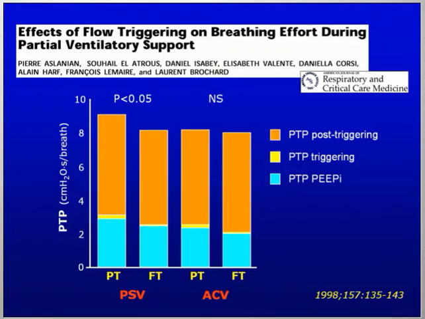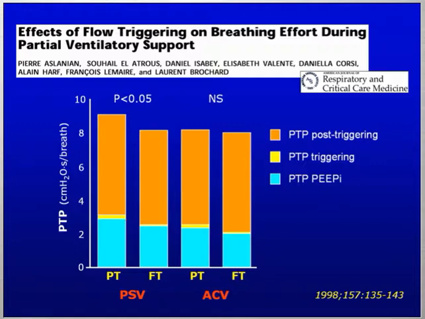But if you look carefully at which part of the effort was really due to the triggering itself, it's illustrated here. It's only this part. This is the work due to intrinsic PEEP, which I will comment on in a moment. This is the work after the triggering, and this is only the small part due to triggering.